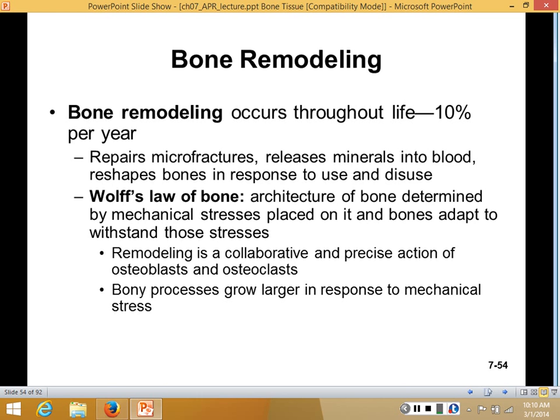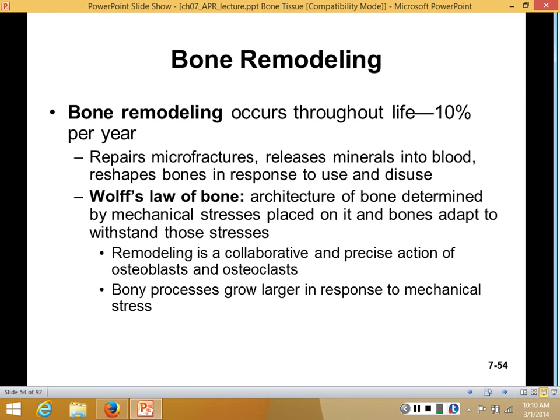Spongy bone in us gets replaced about 2 or 3 times a year. Compact bone, the hard part, never changes, but we don't replace it 2 to 3 times a year, probably at all. But we do replace the spongy bone 2 to 3 times a year. That's called bone remodeling. 10% occurs throughout life, 10% per year.